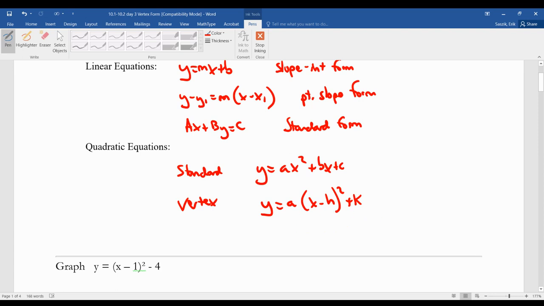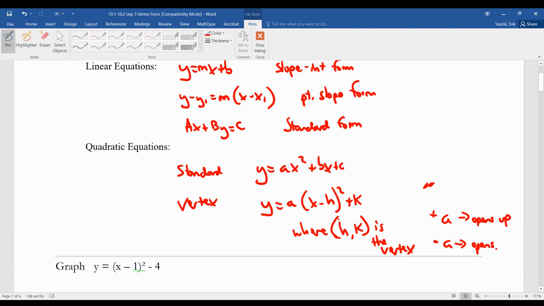So a times the quantity x minus h squared plus k, where h comma k is the vertex. If a is positive, it opens up. If a is negative, opens down. So that number in front of the parentheses, just like in standard form, determines if it opens up or down.